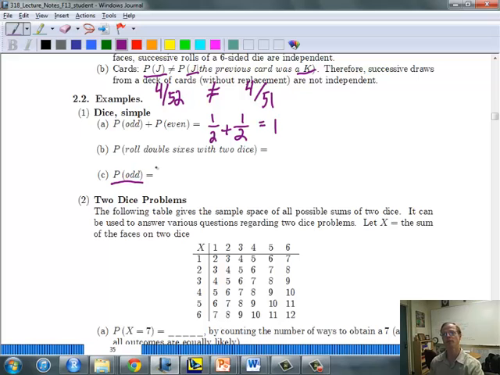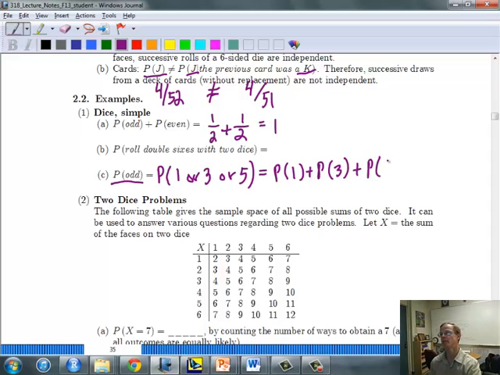However, I'd like to just focus in on the rules. And let's do probability of odd. And rather than use our intuition, let's focus on the rules. How do I get odd? Well, it could be 1 or 3 or 5. To get that, we can use the OR rule for mutually exclusive events and get the probability of 1 plus the probability of 3 plus the probability of 5.